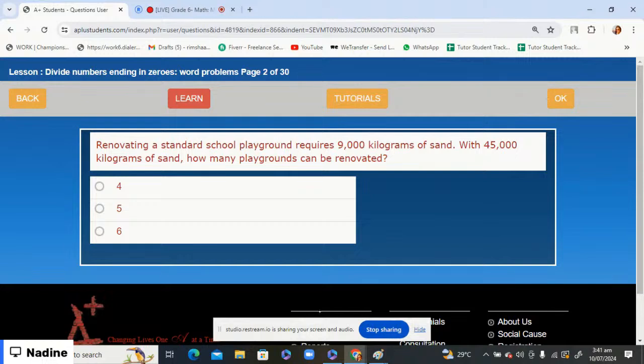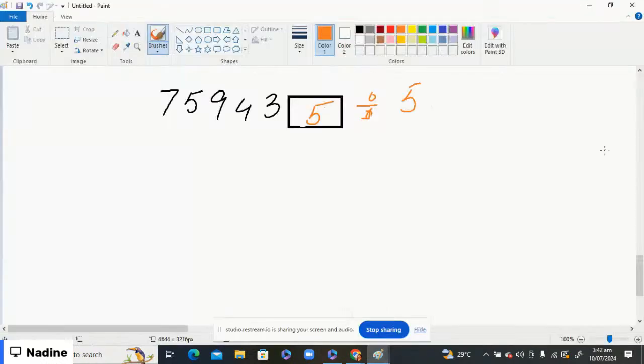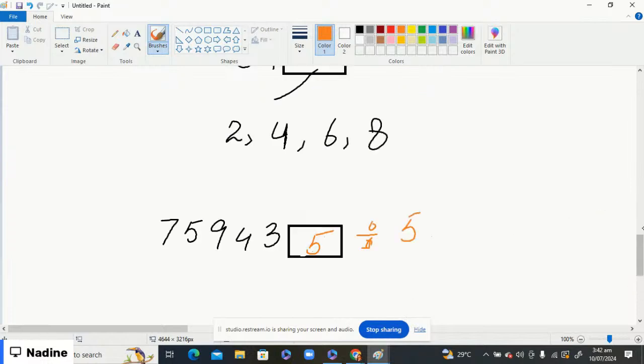Okay, so let me just open it from here. I'm just going to write a question here. Okay, for example, 32,000 divided by 80.